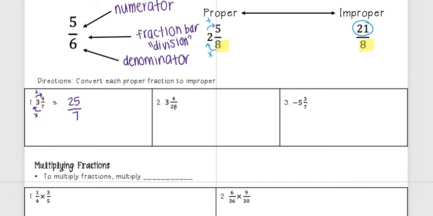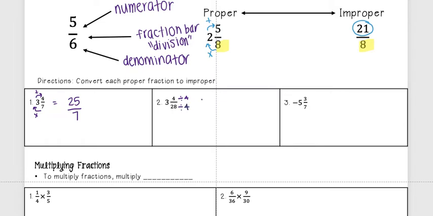Okay, now looking at this next one, I first notice I have some pretty large numbers. That usually clues me in that my fraction can probably be reduced. Not always, but a lot of the times. And here I do see that I can. When I say reduce, that means there's a number that can go into both the numerator and the denominator. With 4 and 28, I see that 4 can go into both.